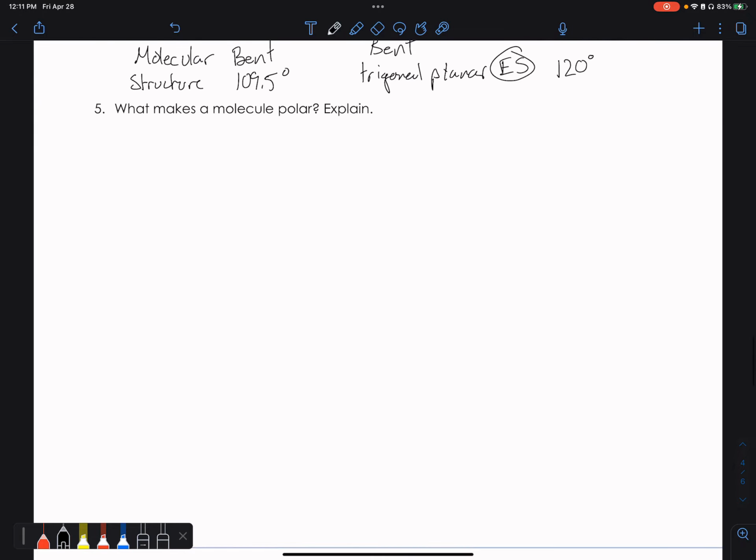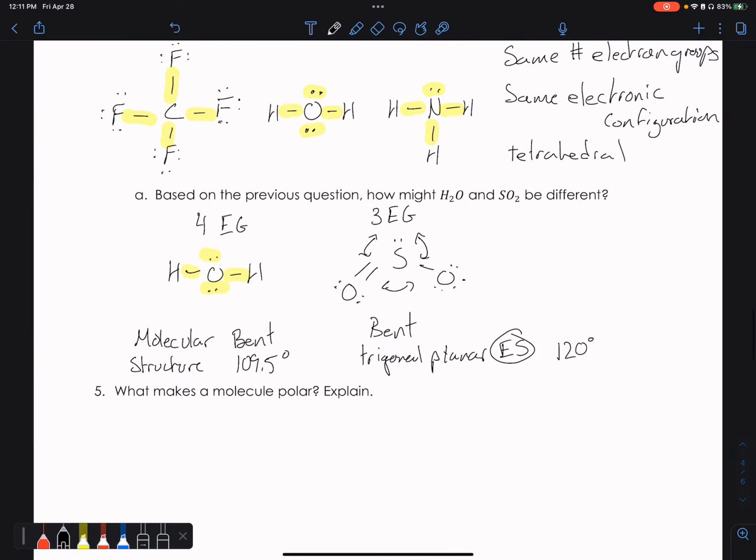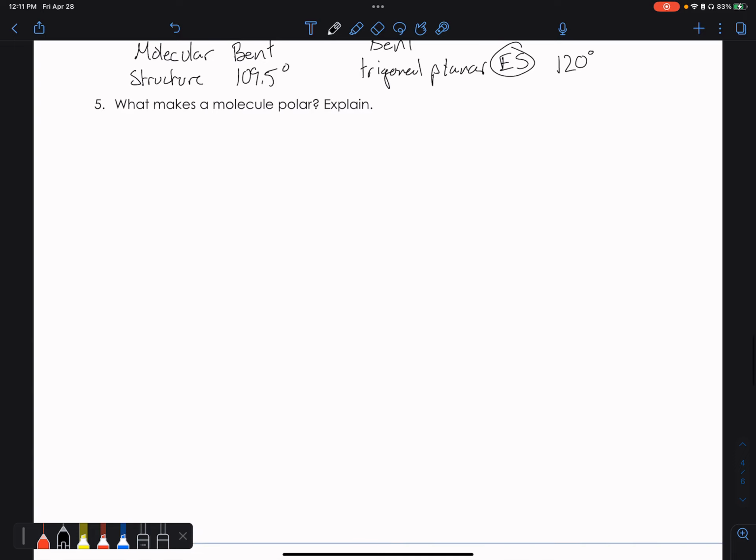So what makes a molecule polar? A molecule is polar if there's a difference in electron density. So let's look at one simpler structure here.